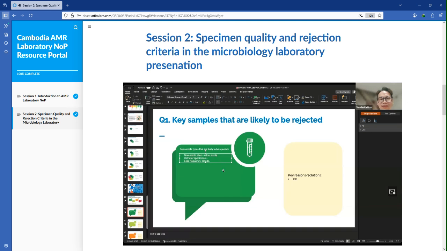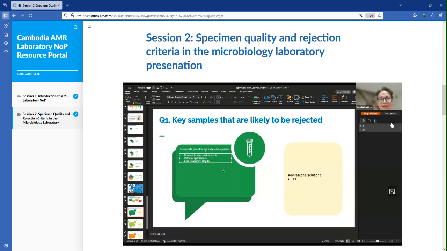But we should wait for one day before we destroy the specimen. So we contact the clinician first. If the clinician provides good information, we would process it. Okay, that sounds great.